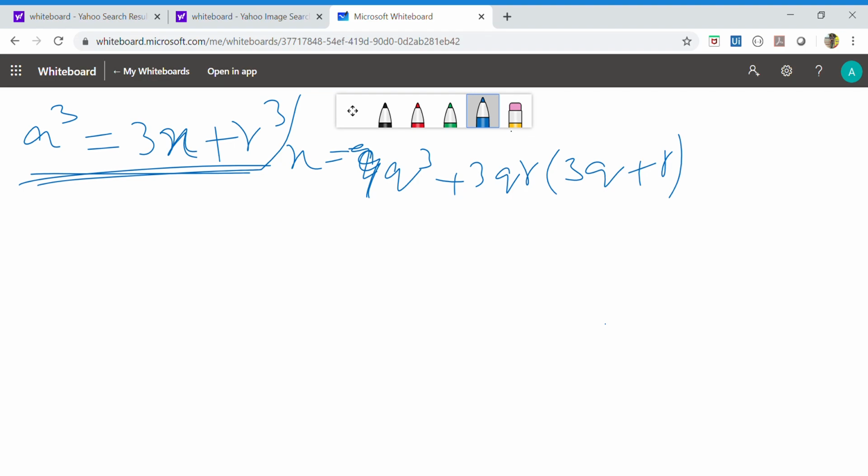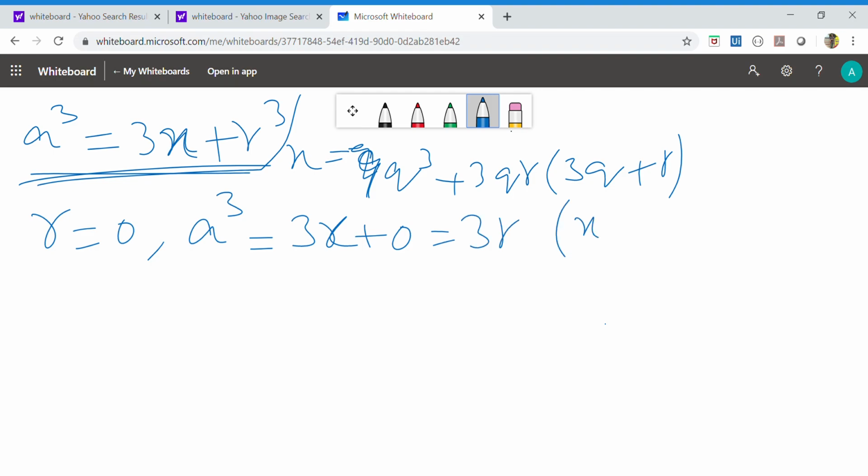In this condition, we have to substitute the r values as 0, 1, 2. Then it can be in the form 3r, 3r plus 1, or 3r plus 2. If the remainder r is 0, then a cube is 3x plus 0, which can be written as 3r, where r is equal to x.